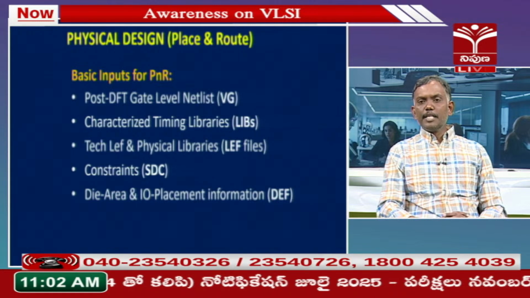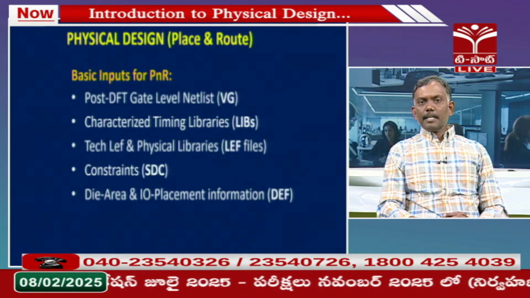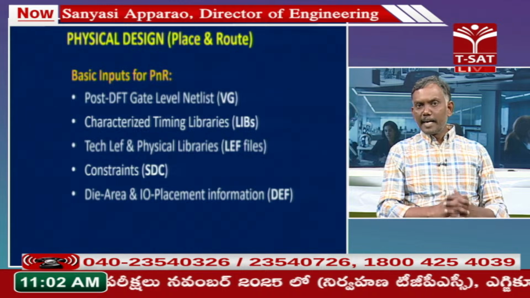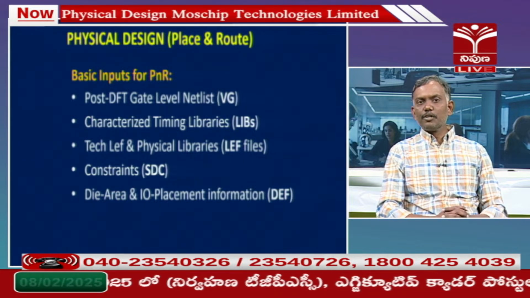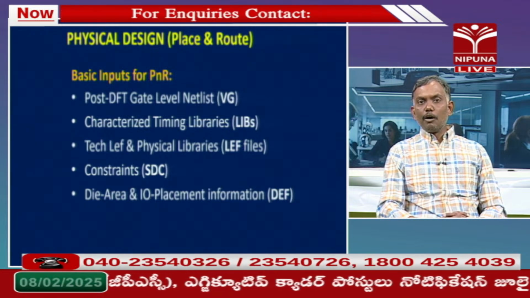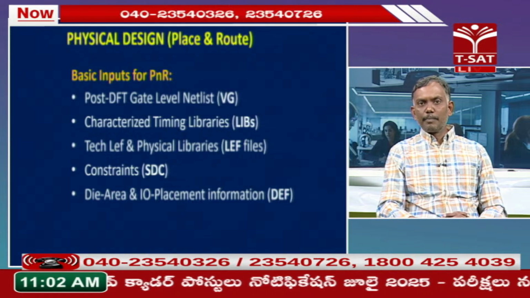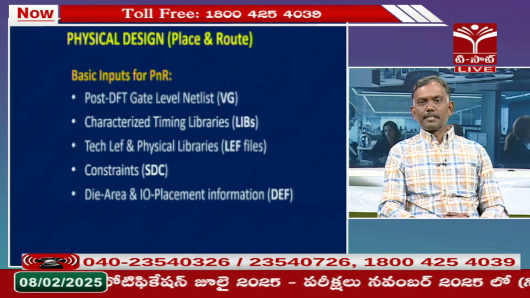Apart from these three inputs, two more inputs we require. One is LEF files. If you recollect our early discussions on technology files, I discussed TechLEF, which captures all the metal layer information with all design rules given by the fab people: minimum width, minimum spacing, thickness, all those parameters.